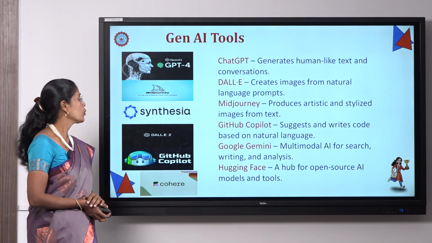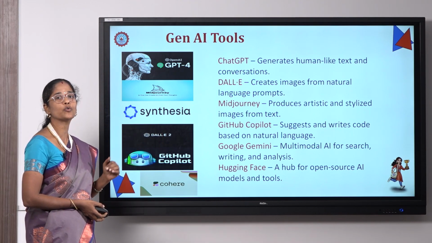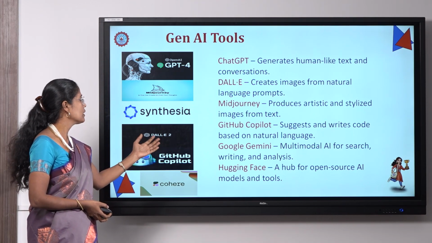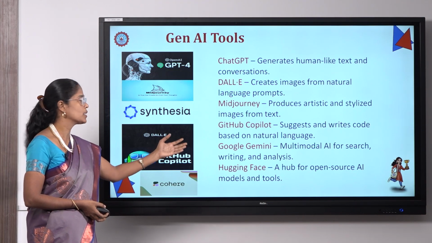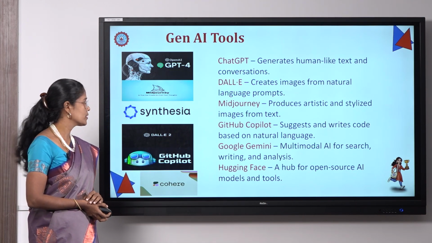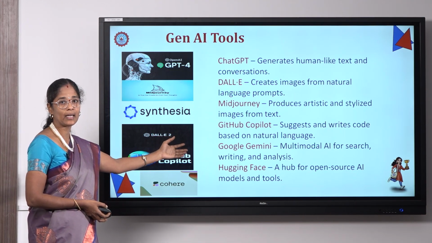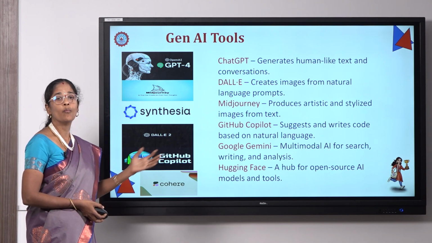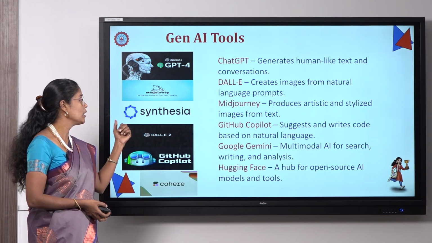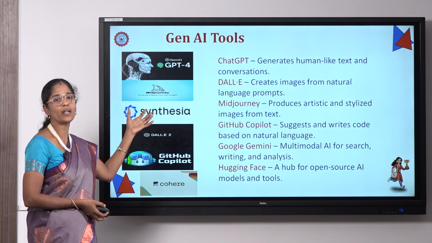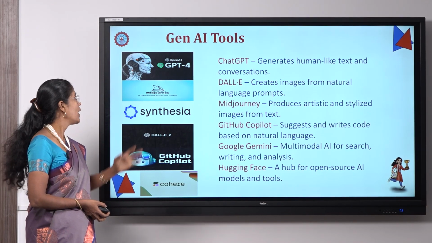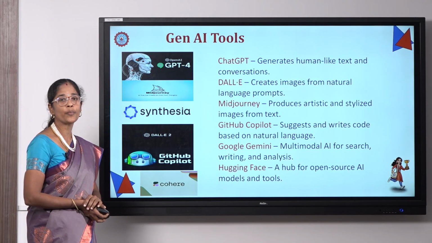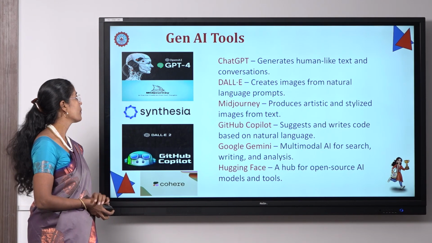GitHub Copilot helps us write code based on natural language, and Google Gemini does multimodal AI searches for writing and analyzing. We also have Hugging Face, which is an open source AI model platform, mainly used for generating with open source tools. These are the big-shot companies providing Gen AI services.